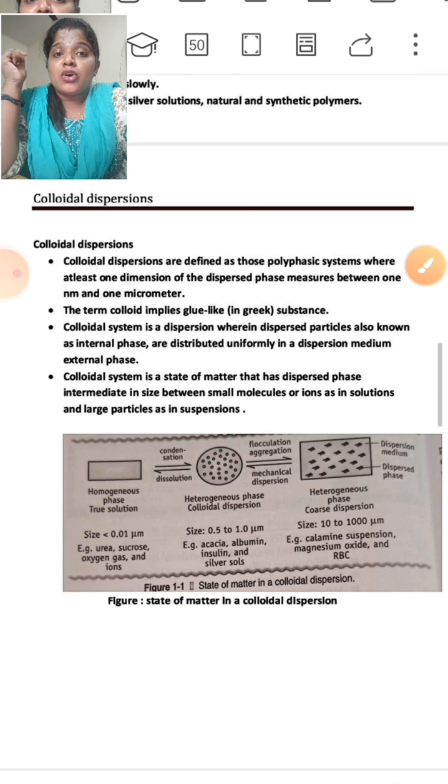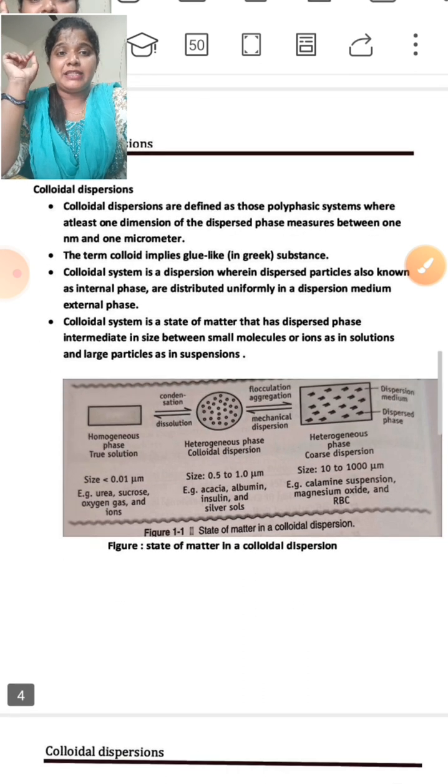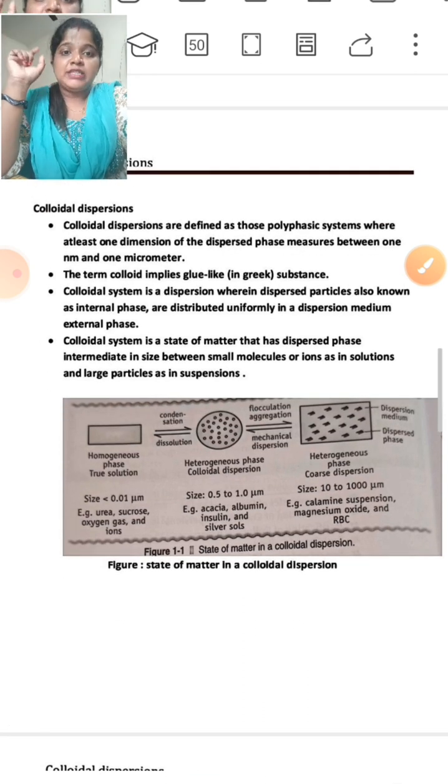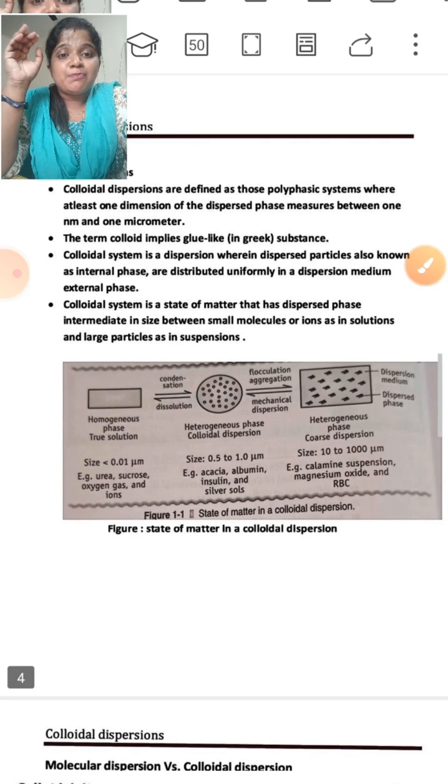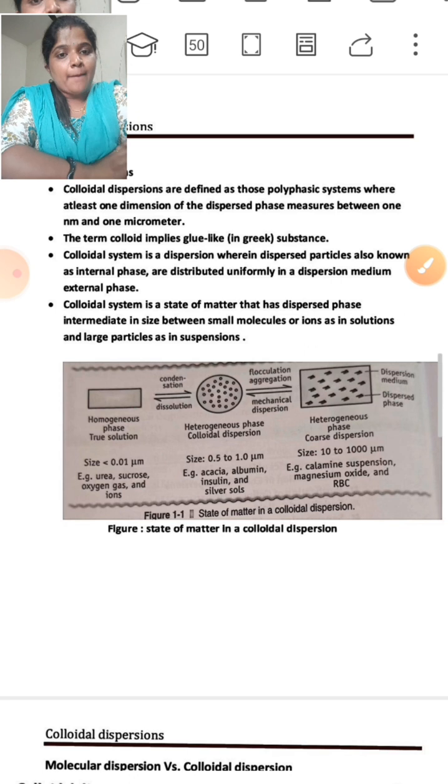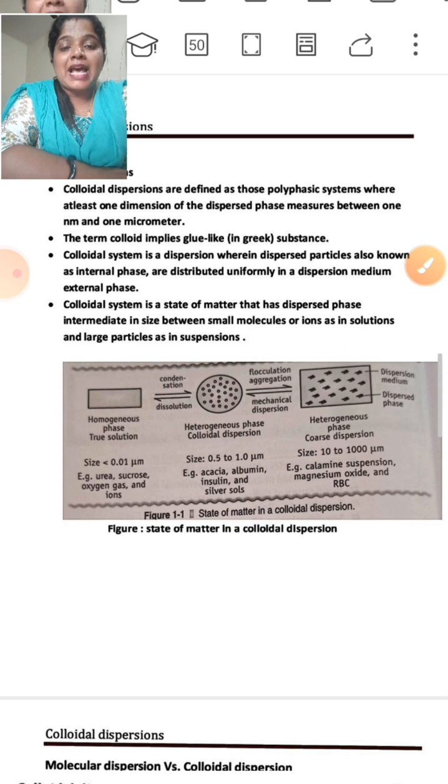The term colloid implies a glue-like substance in the Greek term. So a colloidal system is a dispersion where dispersed particles, also known as the internal phase, are distributed in a dispersion medium or external phase. A colloidal system is a state of matter that has a dispersed phase intermediate in size between small molecules or ions in solutions and large particles as in suspension.